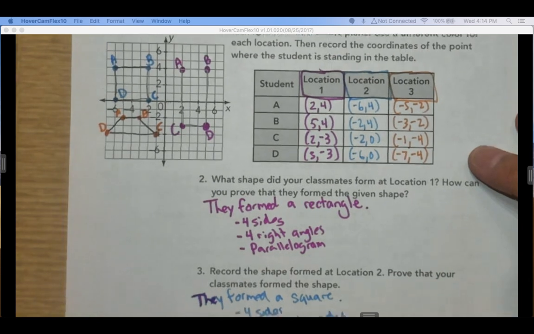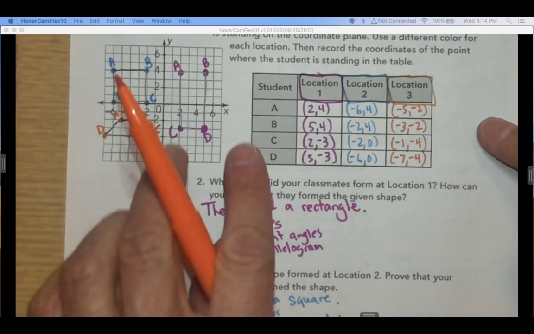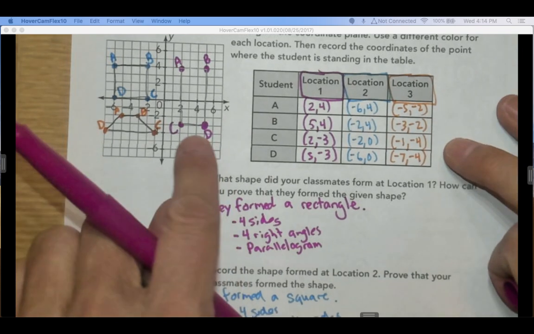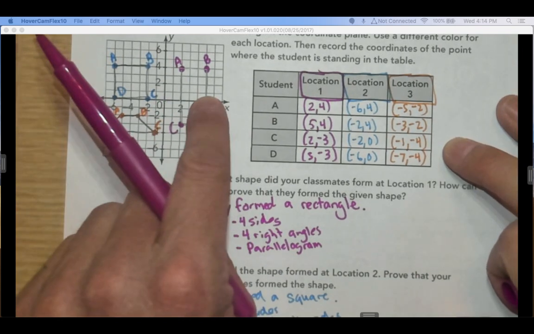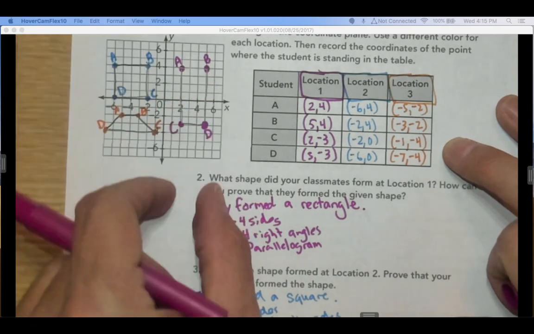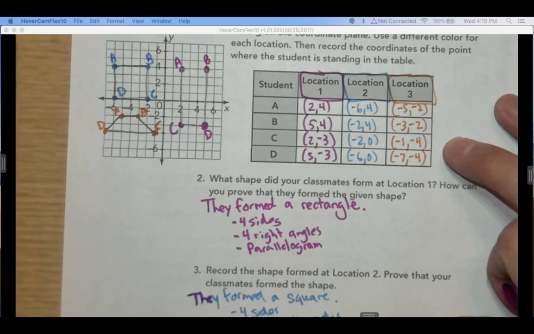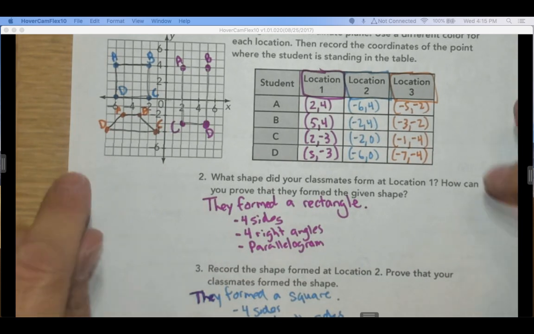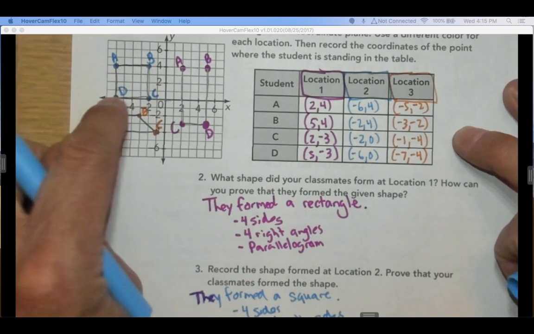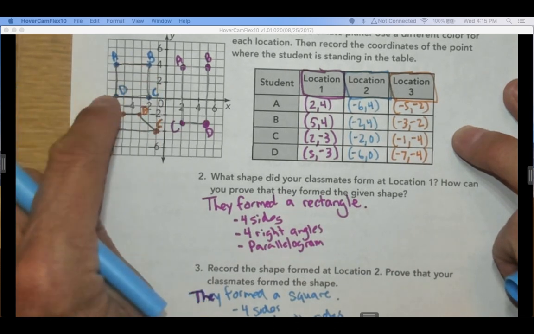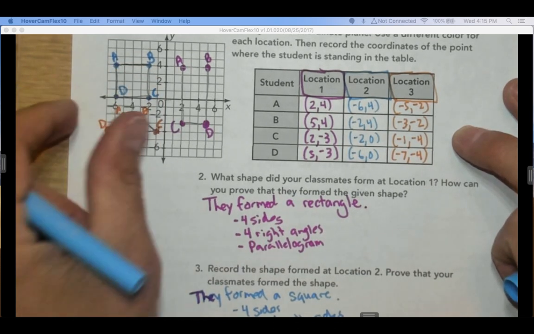So if I'm going through this, A, B, C, D here is a rectangle. It has 4 right angles. The opposite sides are the same length. It's a parallelogram. These 2 sides are never going to touch. These 2 sides are never going to touch. The blue one right there is a square, A, B, C, D, 4 sides, all the same length, 4 right angles, opposite sides are parallel to each other.